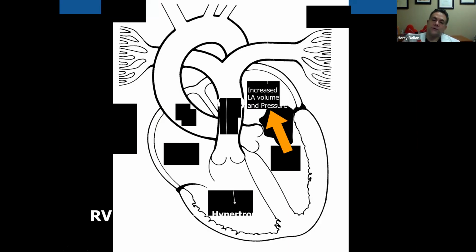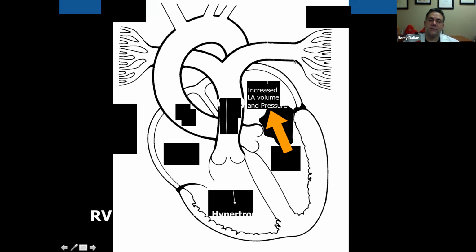So with mitral regurgitation, you have this valve separating the left atrium from the left ventricle. When the mitral valve is not fully closing, as the LV contracts, half of the blood goes to the aorta, to the body, head and lower body. The other half goes back to the left atrium. That puts added pressure in the left atrium and also the pulmonary veins.